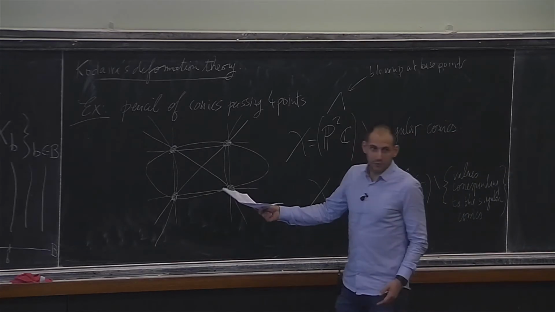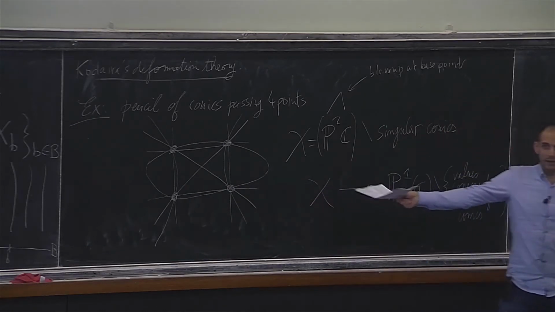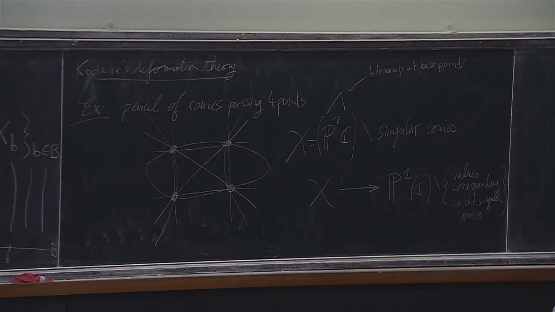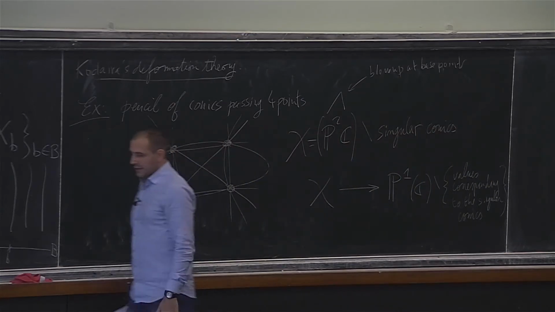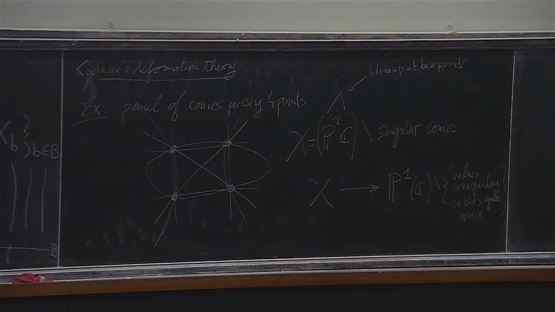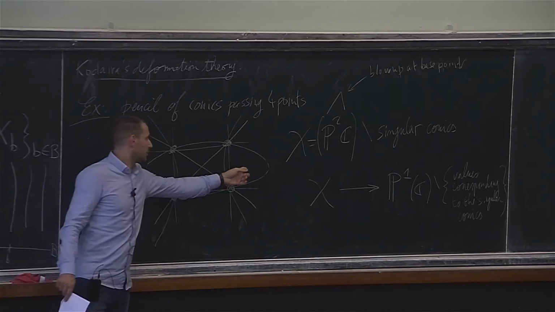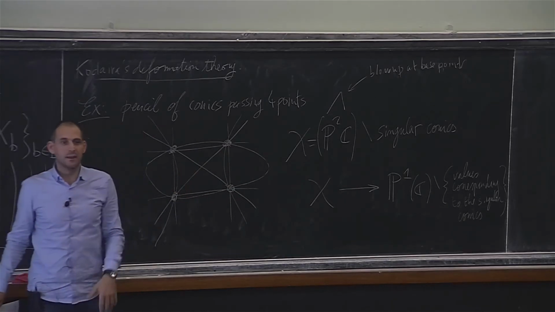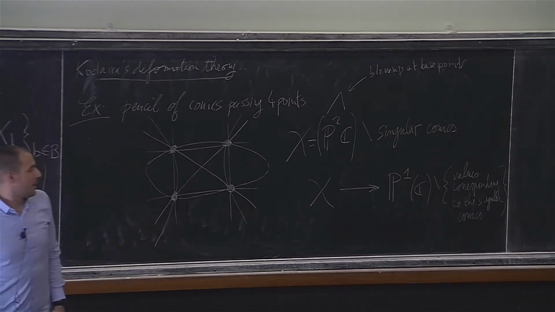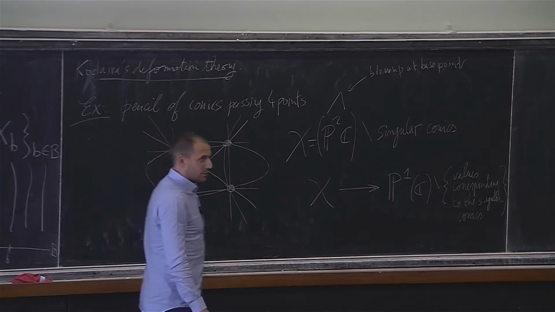And in fact, of course, I did the picture for conics, but you of course can do it for cubics. So you have to consider more points, or quadrics, etc. And then you get more interesting families, because in a sense, this family I just drew on the board is really trivial, in the sense that you probably all know that a conic is always a rational curve, meaning that it is biholomorphic to the Riemann sphere.